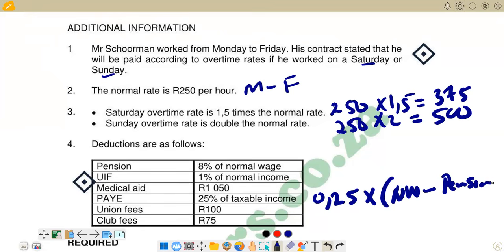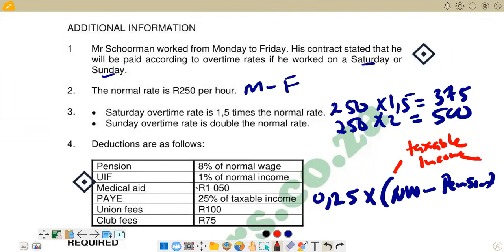This represents the taxable income. When you say normal wage minus pension, the net figure you get is the taxable income. Then you multiply by 0.25 to get the pay as you earn, the PAYE. Then union fees we are given as 100 rand.